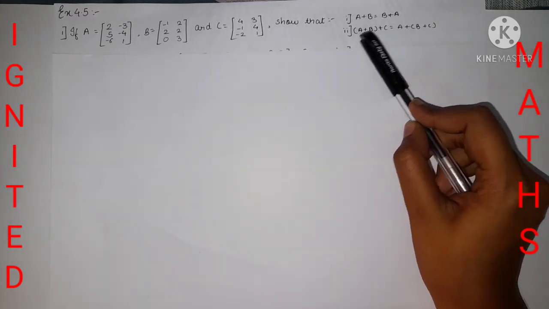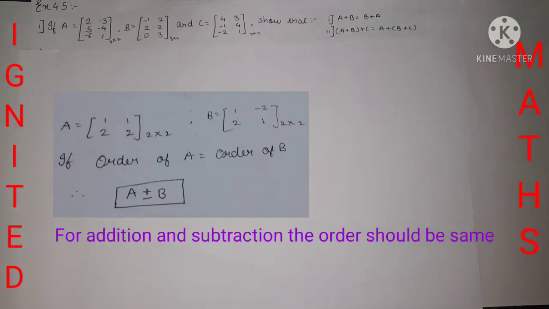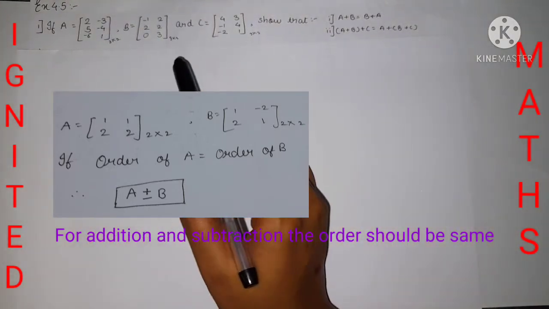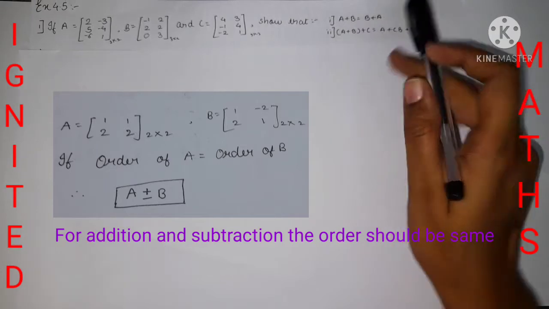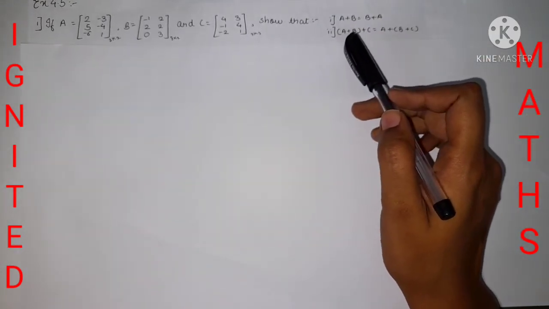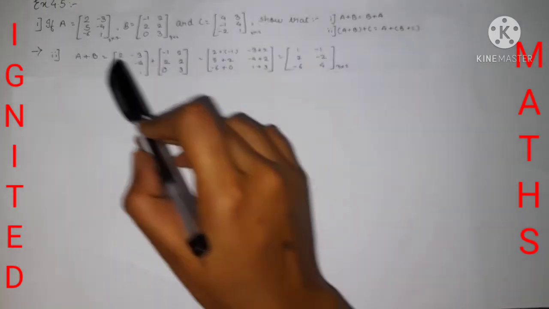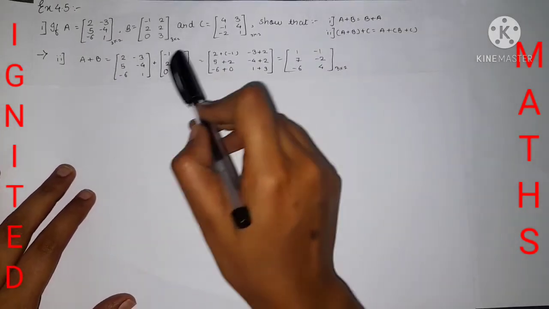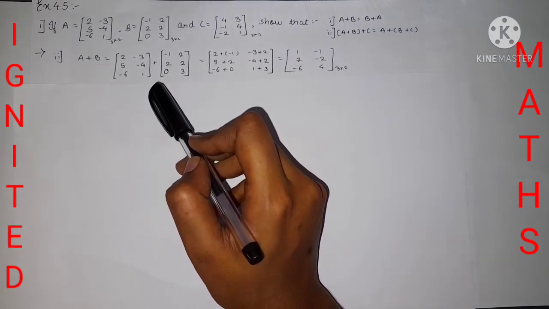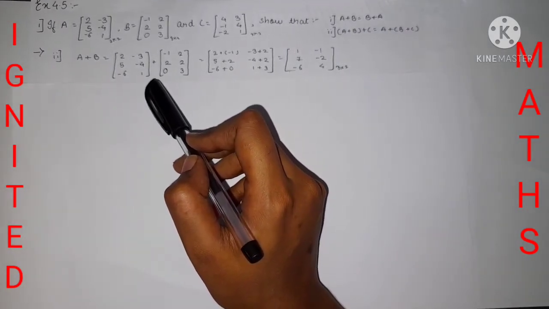In the bracket there are two terms. For doing the addition of matrices, the order of the matrices should be the same. For example, if we are adding matrices A plus B, the order of A and B should be the same, and only then can we add or subtract the matrices.